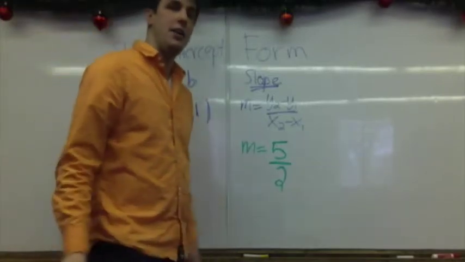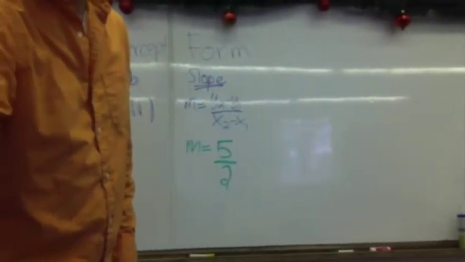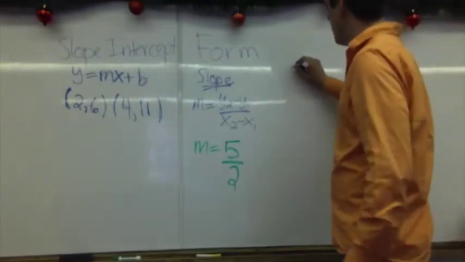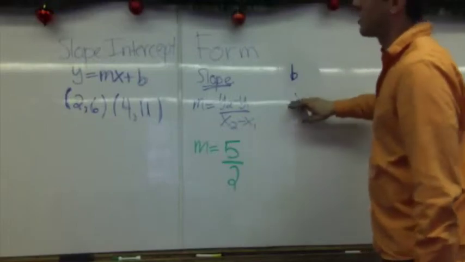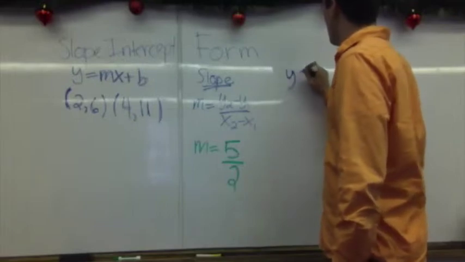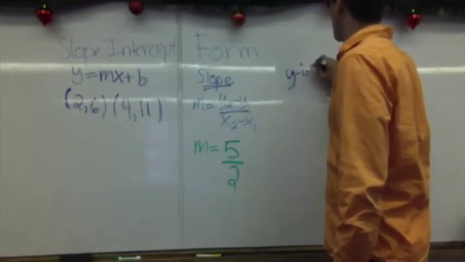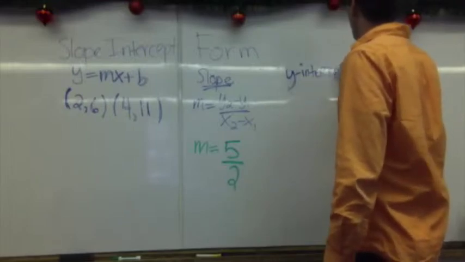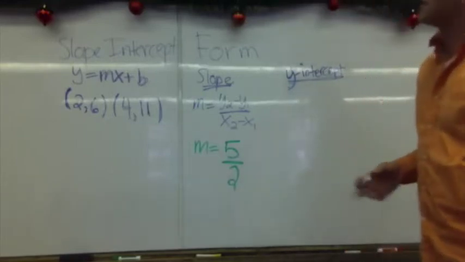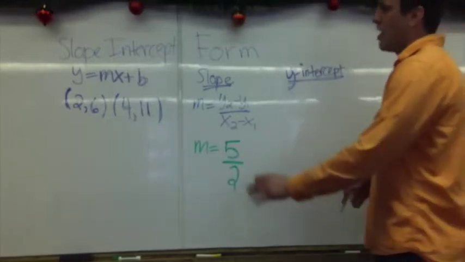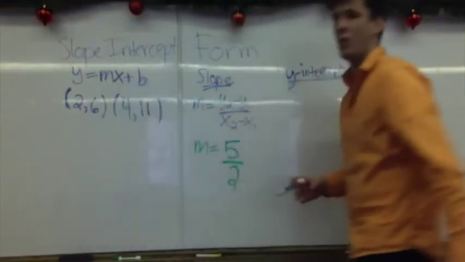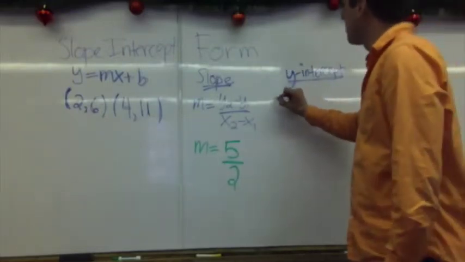Now, to find our b value, and this is where it gets a bit more complicated, we're not going to call it the b value, we're going to call it the y-intercept. That is going to require that we plug in an m value, an x value, and a y value into this equation.